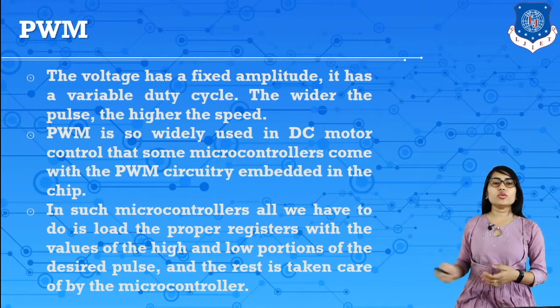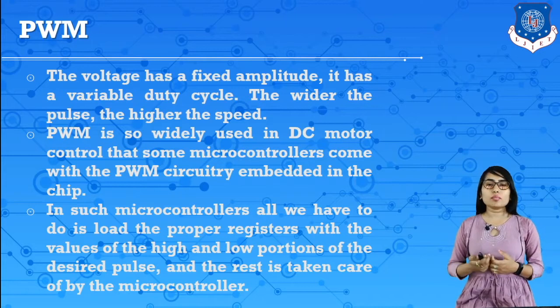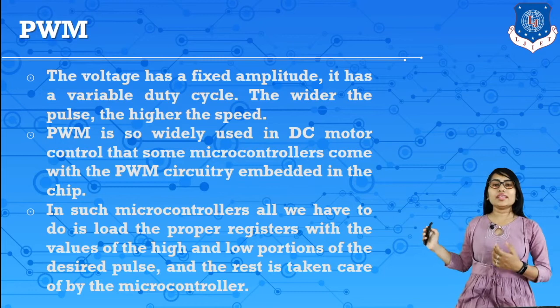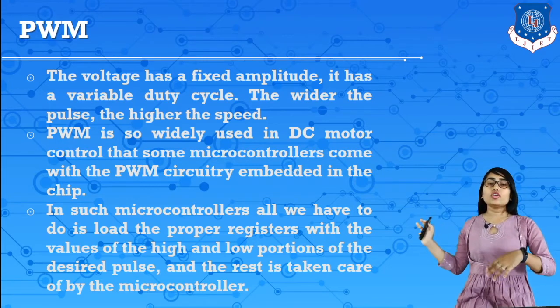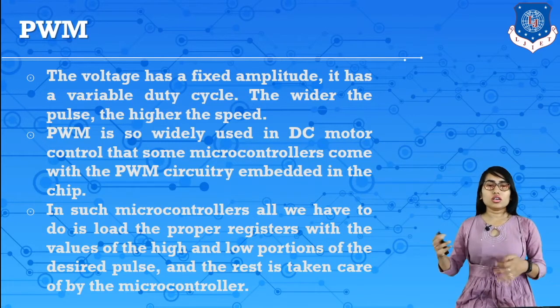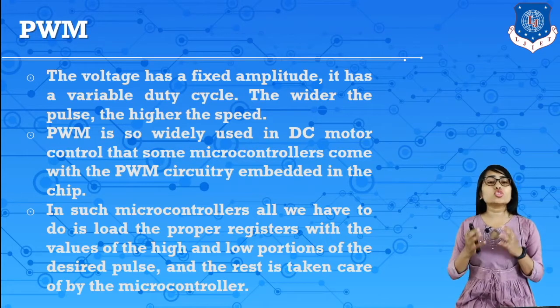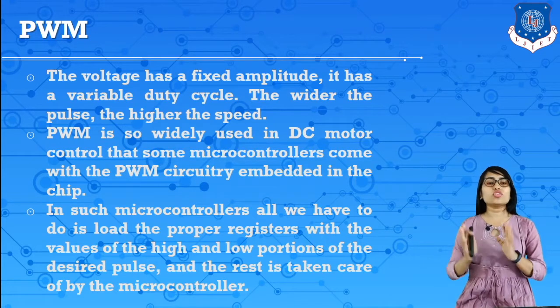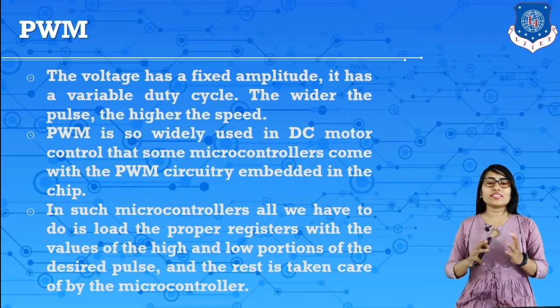PWM is so widely used in DC motor control that some microcontrollers come with the PWM circuitry embedded in the chip. In such a microcontroller, all we have to do is load the proper registers with the values of the high and low portions of the desired pulses, and the rest is taken care of by the microcontroller.